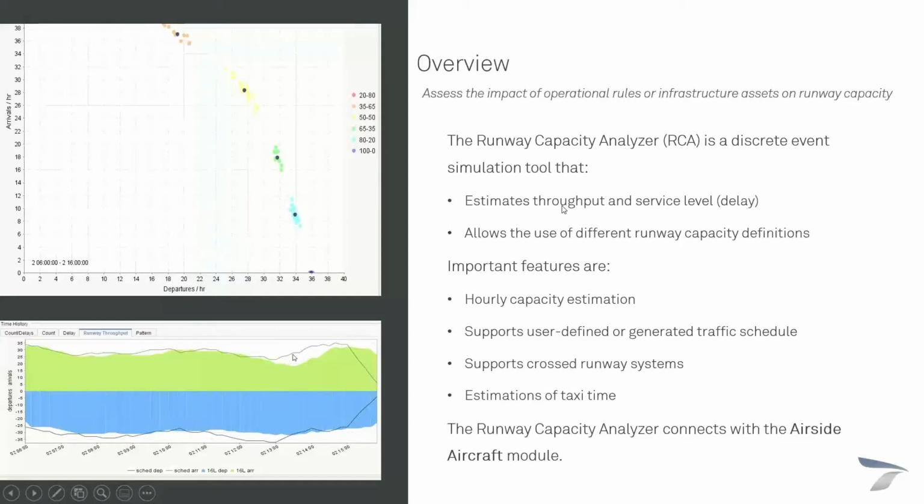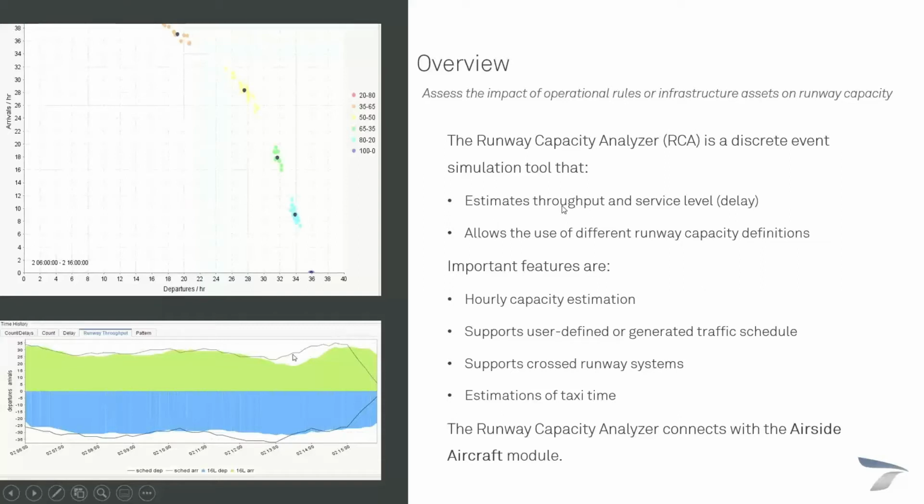And if you have worked with runway capacity assessments, you know that in this type of assessment, statistical significance is very important. Okay? If you make one simulation run and you have your playback, then that's all you have. You have one playback of one traffic and one situation. With the runway capacity analyzer, you can have a Monte Carlo analysis very fast.